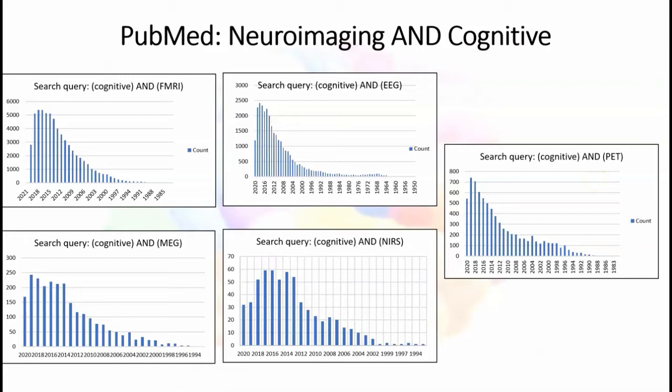Based on the number of articles published, functional magnetic resonance imaging and electroencephalography show a promising neuroimaging method in cognitive studies as compared to other functional imaging modalities. Functional MRI and EEG are well-described and familiar neuroimaging methods in the literature to everyone in the field.